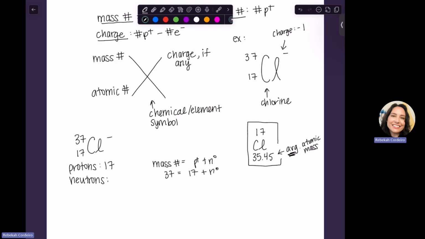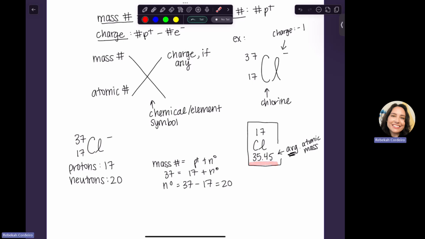So neutrons would be 37 minus 17, which would give me 20. So my number of neutrons here would be 20. If I don't give you information about specific mass, I don't say chlorine 37, I just say chlorine, you can assume average and just say 35.